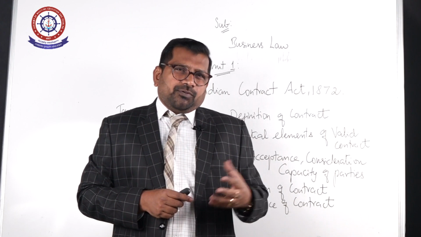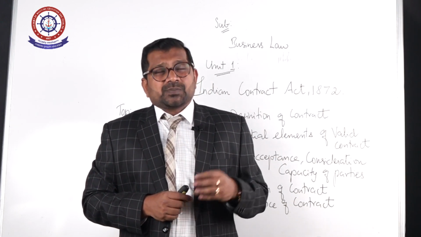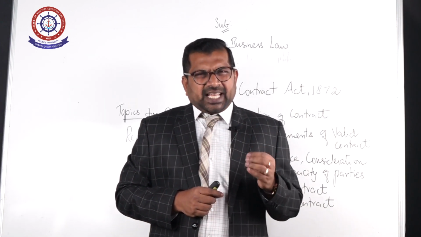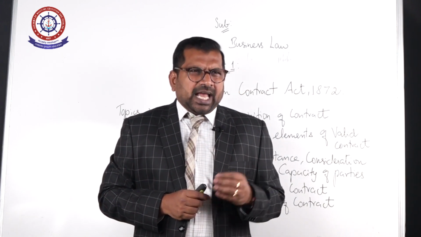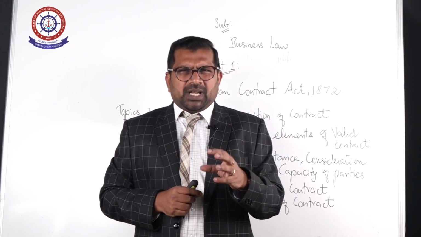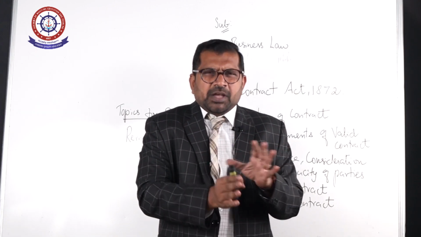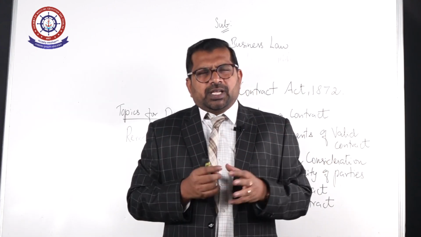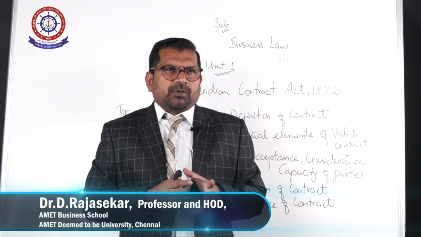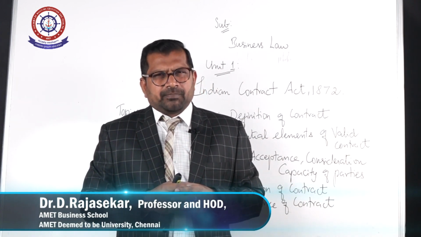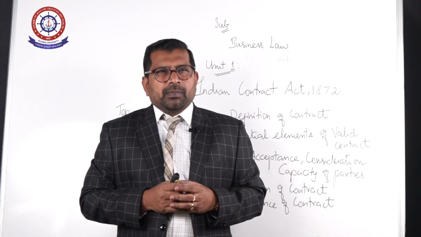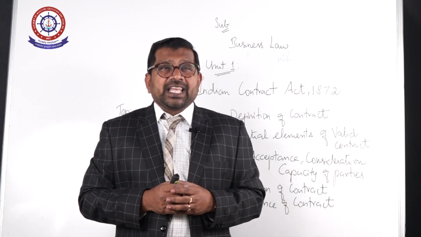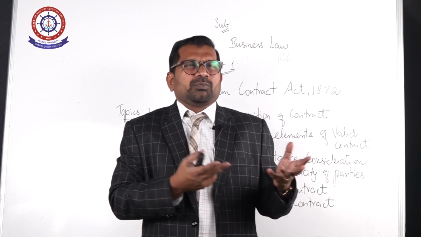So possibility of performance, next one. As per section 56, an agreement must be capable of being performed. An agreement to do an impossible act cannot be enforced, and this is called possibility of performance. For example, A agrees with B to put life into B's dead wife. The agreement is void because it is impossible performance.